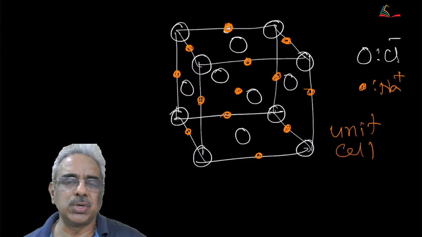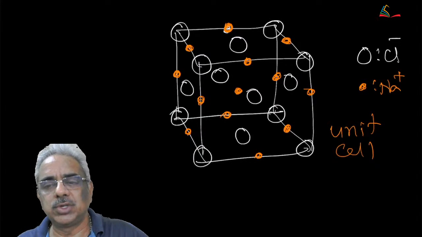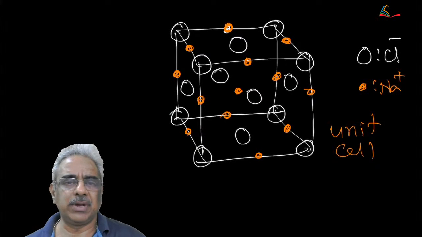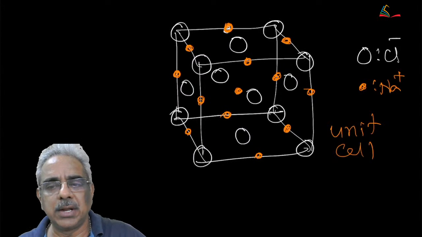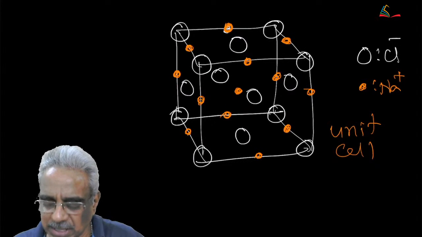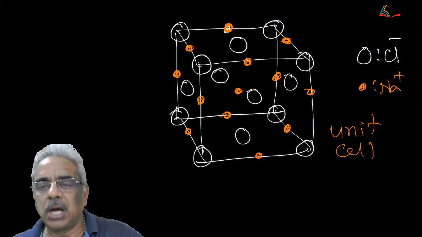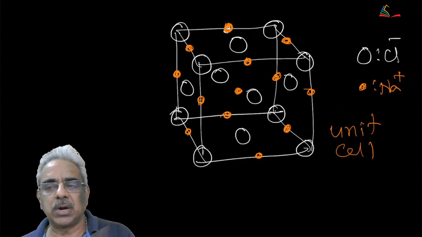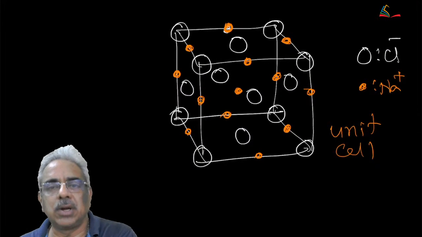Suppose someone will ask you, one chloride is surrounded by how many sodiums? That is the question. That's a very interesting, logical question. So immediately check for the chloride and check how many sodiums are around it. As I told you, that circle is a chloride.